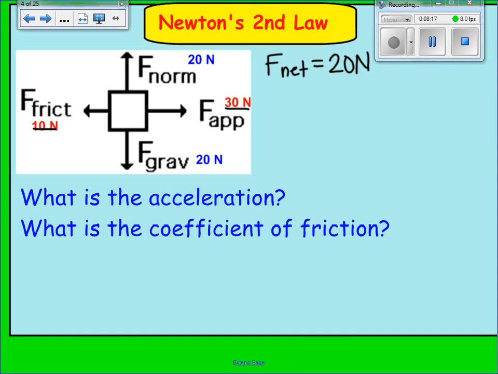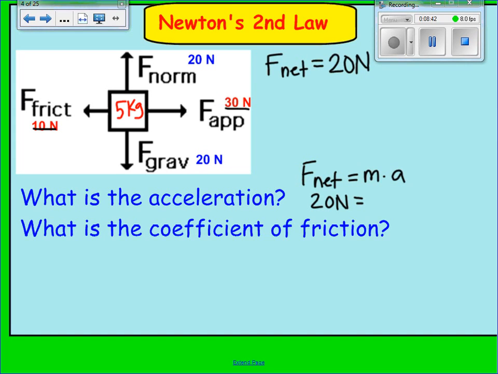Well, to find acceleration, we're going to use our new Newton's law, which is net force equals mass times acceleration. So to do this, my net force is 20 newtons, and you would need a mass. So we're going to give this block a mass of 5 kilograms. Normally the mass will be given, I just forgot to write it in.